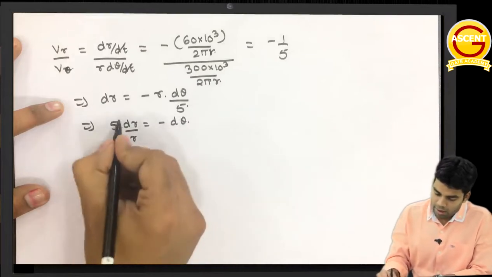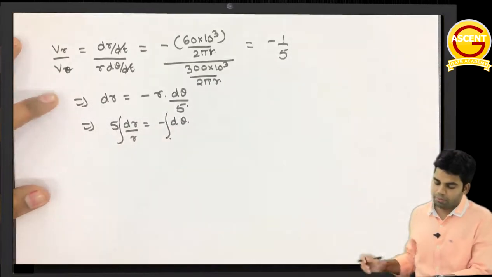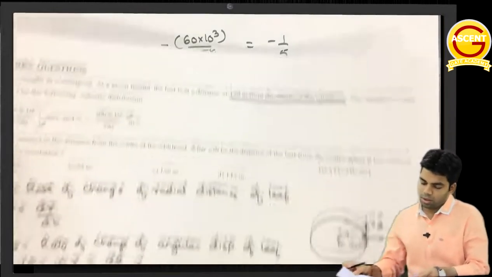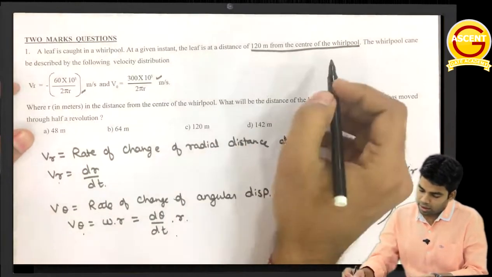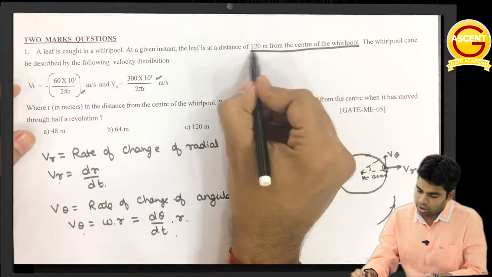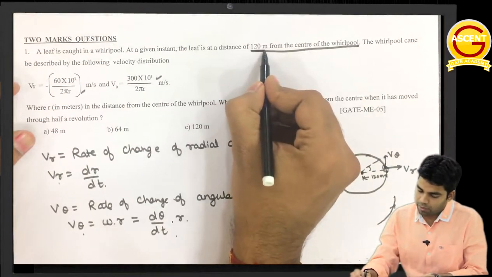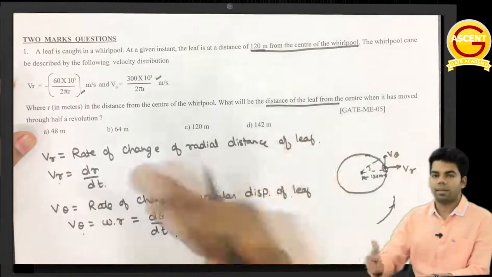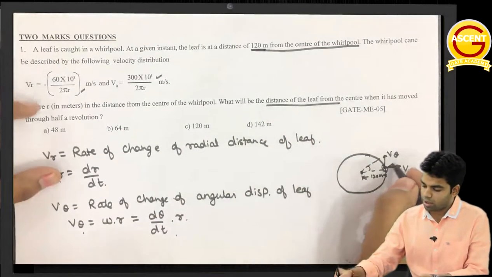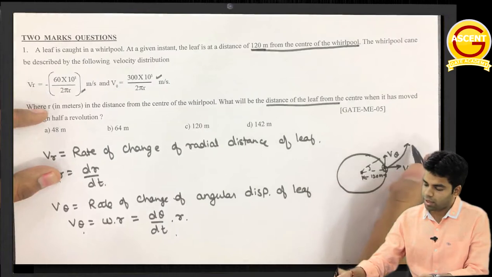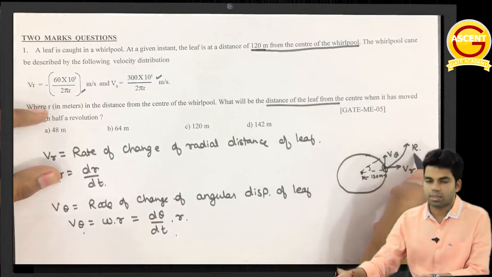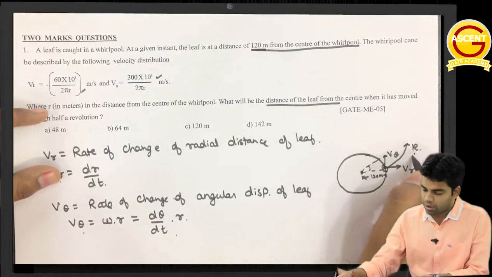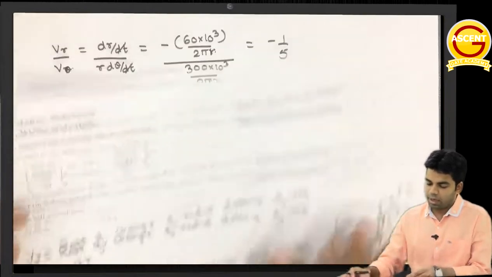Now I can integrate. Radially, initially it is at a distance of 120 meter. The final radius we have to determine, suppose this is travelling like this. The final radius, suppose, is capital R, and that is what we have to determine first.